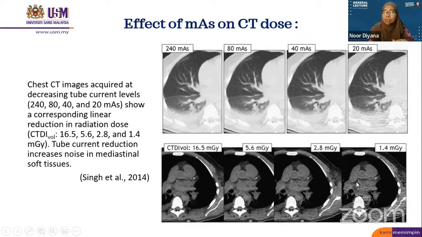But with current technology, you can reduce the noise while keeping the dose low, and you can increase the image quality using post-processing techniques. So tube current reduction actually increases noise in mediastinal soft tissue.